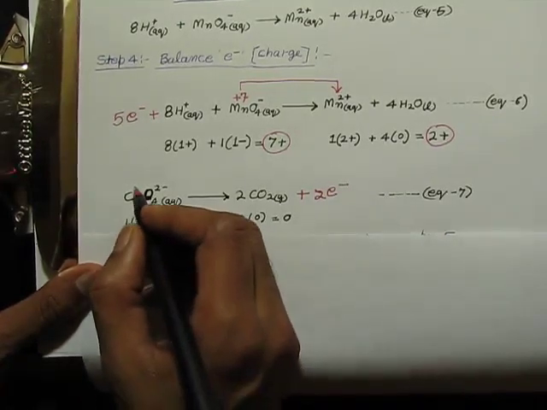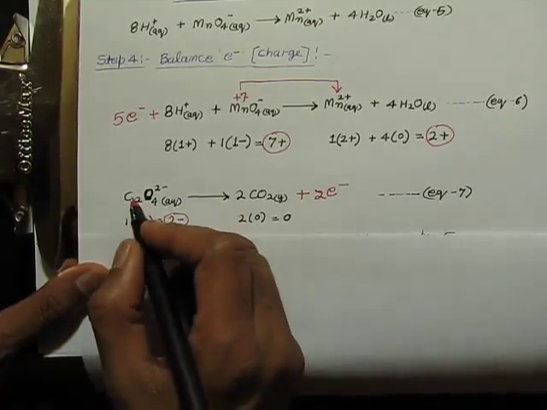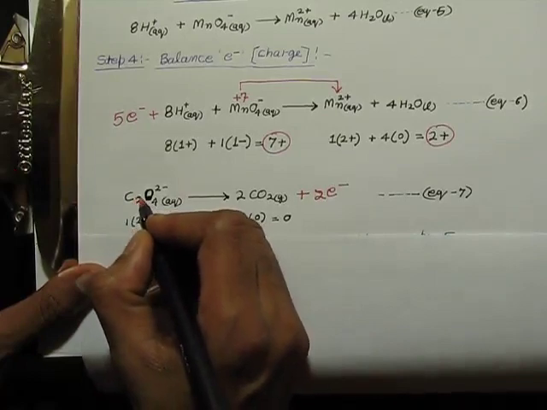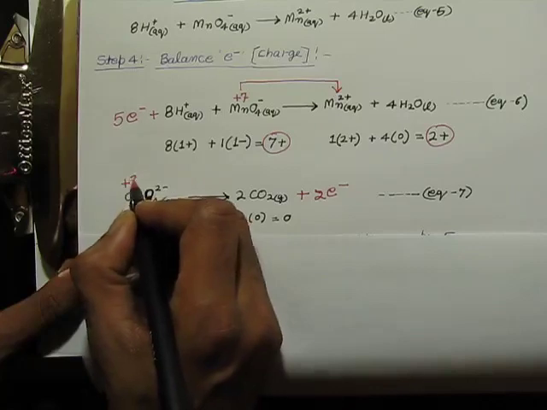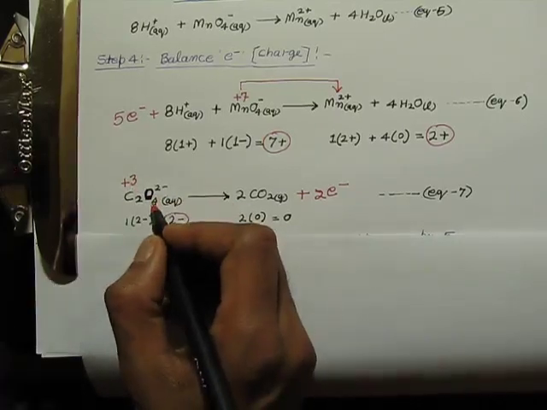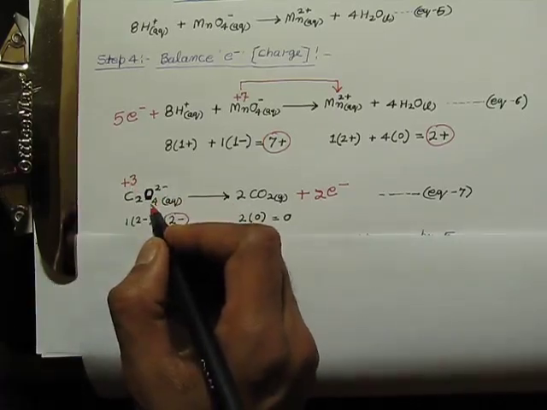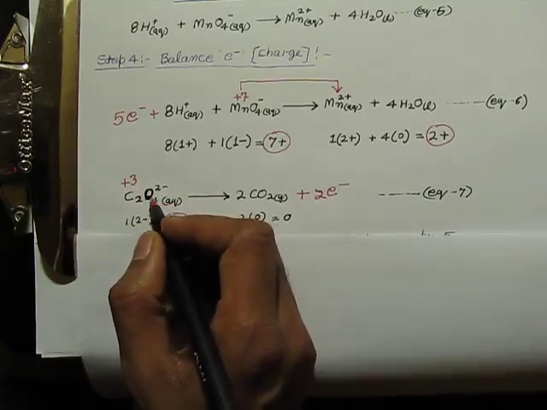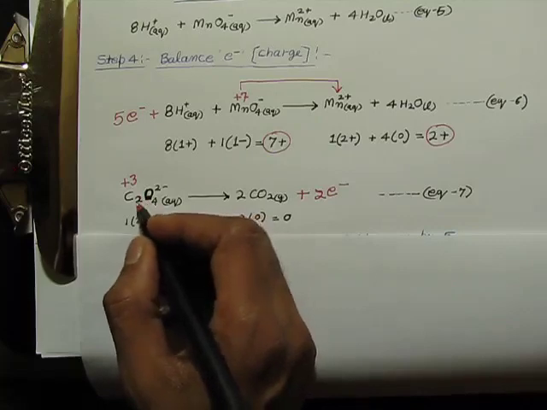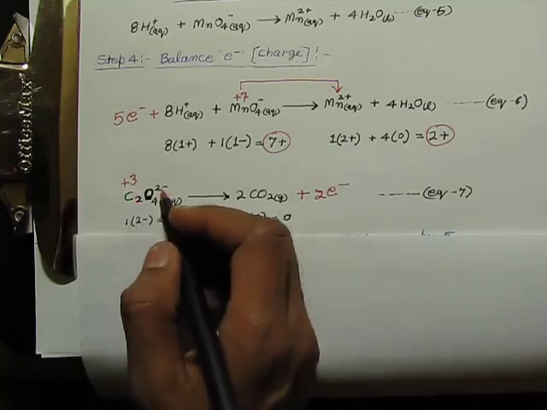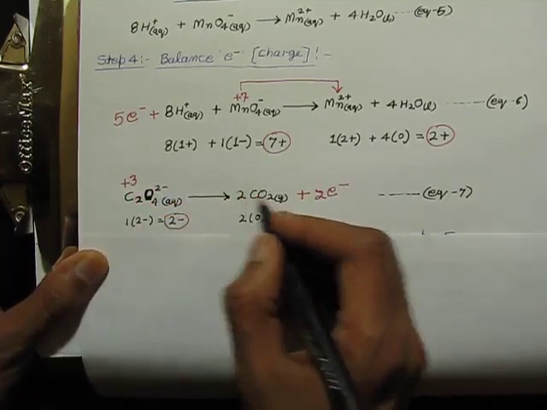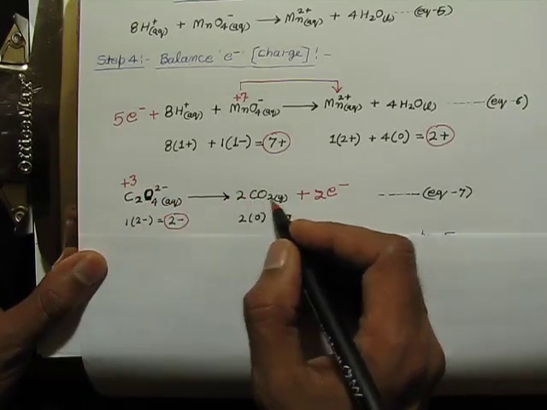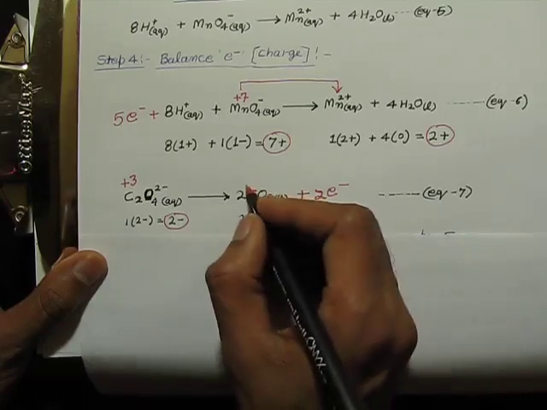Or you can also understand that the oxidation state of carbon in the oxalate ion will be +3, because 4 oxygen means minus 8, and minus 8 will be balanced by +6 to be equal to minus 2. And the oxidation state of carbon in the carbon dioxide gas will be how much?